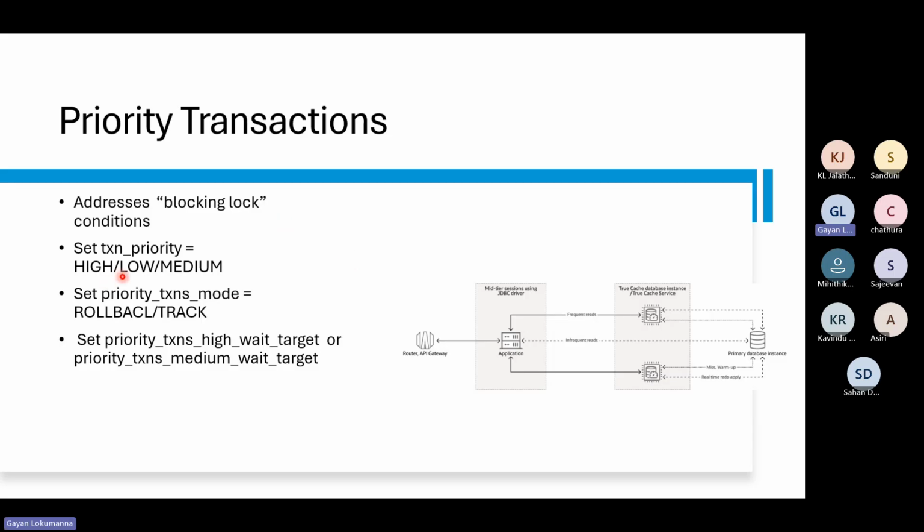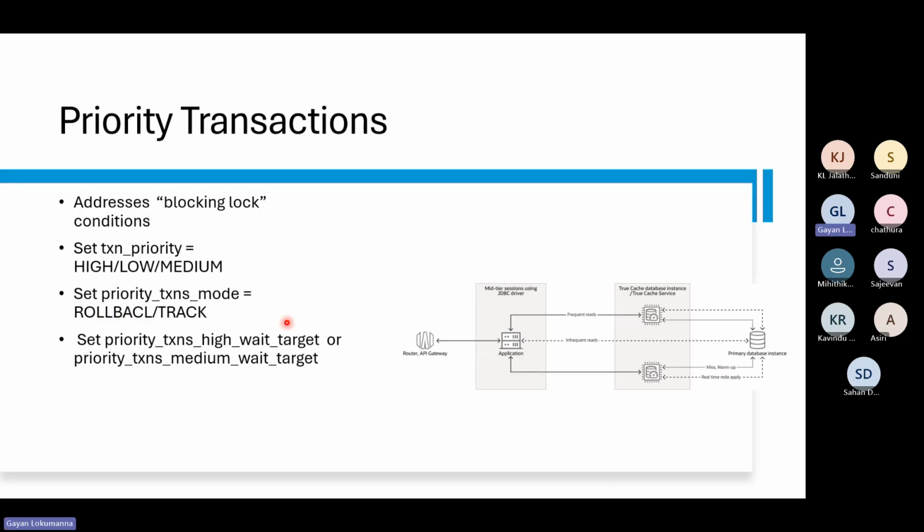Now, obviously, even though you have set the transaction priority to high at your session level, because of the earlier started update, you might be waiting as well. How long you want to wait? That can be set using priority transaction high wait target. This is the parameter that will define how many seconds you want to wait before letting this transaction be rolled back.